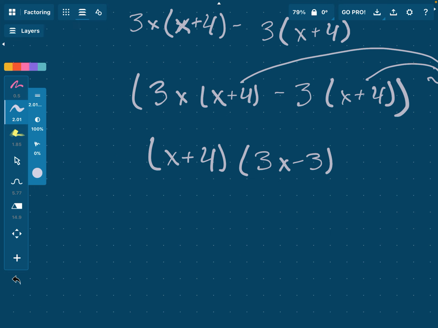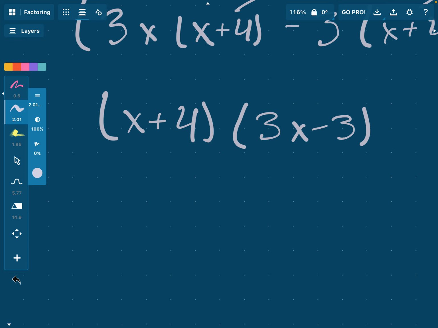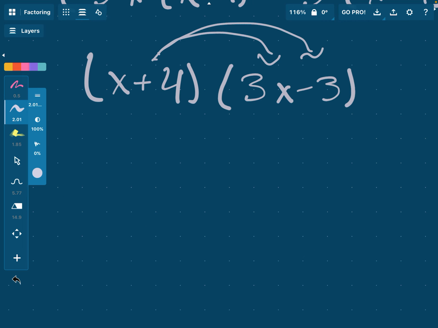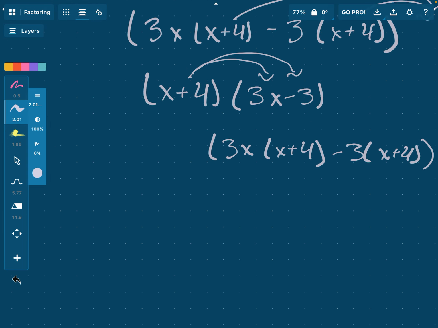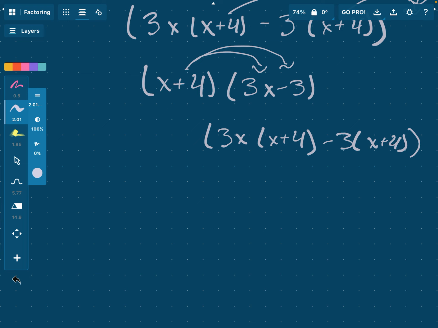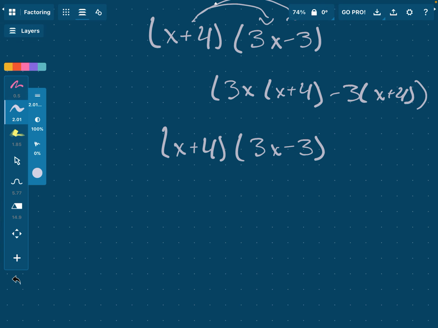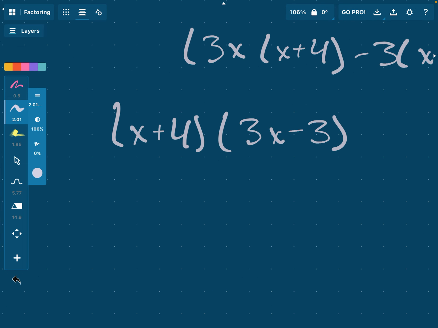And again, if we were to multiply this in, we could do this binomial times this term, and this binomial times this term, to get 3x times x plus 4 minus 3 times x plus 4. So we can do it that way, or again, if we wanted to FOIL each term, we could do that as well. So x plus 4 times 3x minus 3. Here, x times 3x is going to be 3x squared.